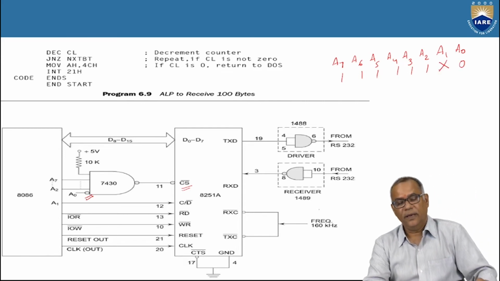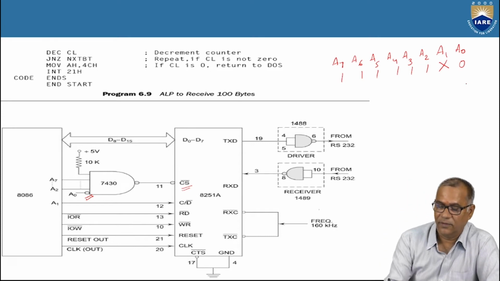Okay, so when A1 is equal to 1, then what is the address? It is FE. So when A1 is equal to 0, then it is FCH.